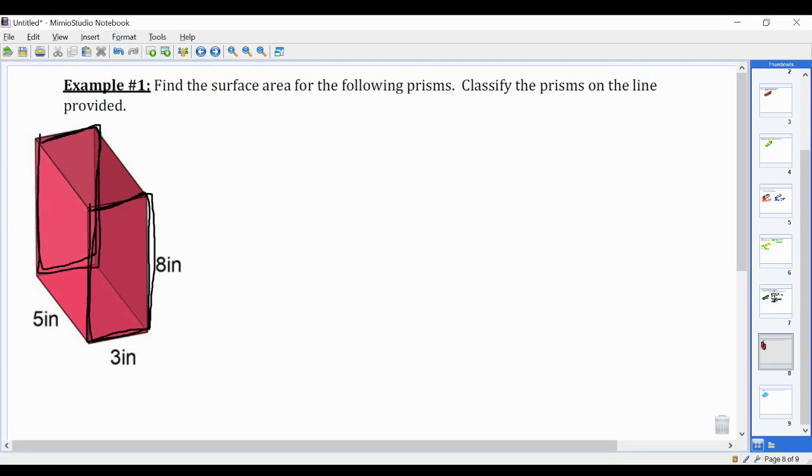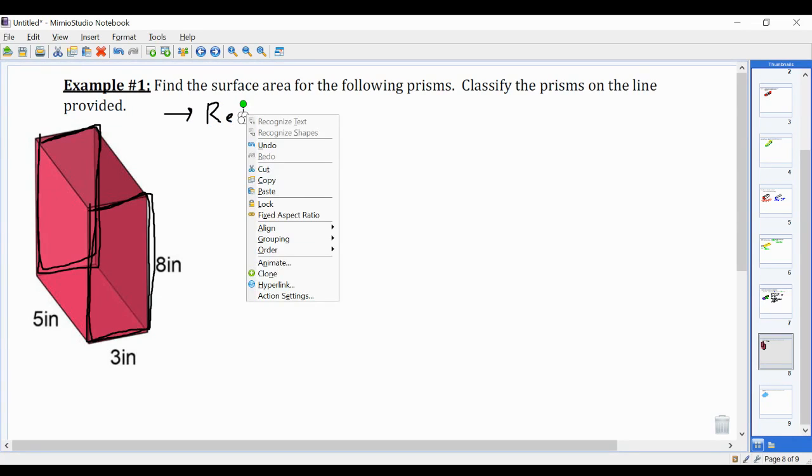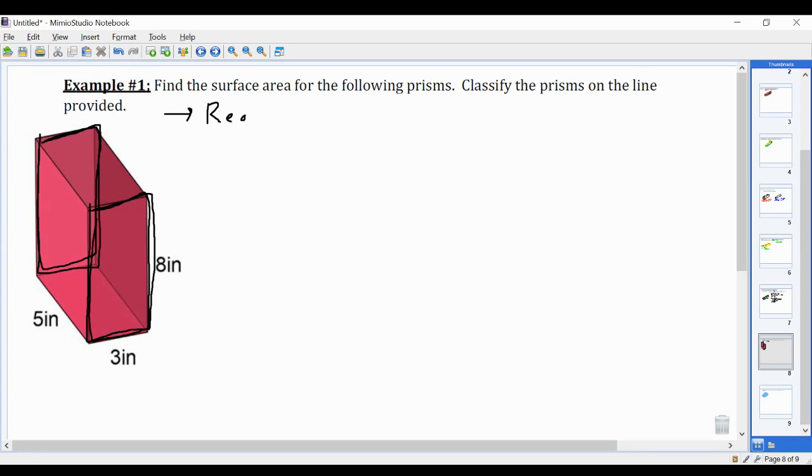So this has to be a rectangular prism. And then we need to find the surface area, and we know that surface area is equal to 2 times the base area plus the perimeter times the height.